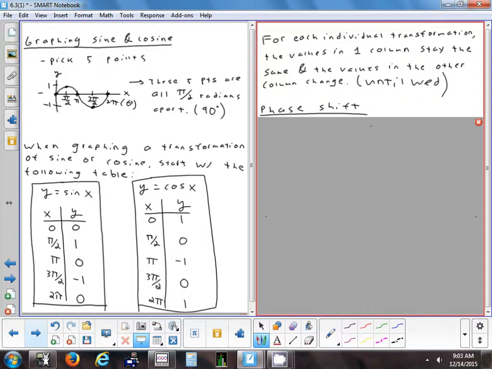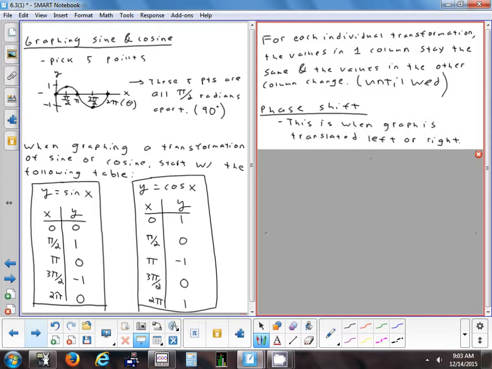All right, so all that information I just gave you was basically all background information about sine and cosine. Now I'm going to specifically talk about a phase shift. You've seen this kind of transformation before. We've never called it a phase shift. We usually call it a horizontal shift. But a phase shift is just when you move left or right.